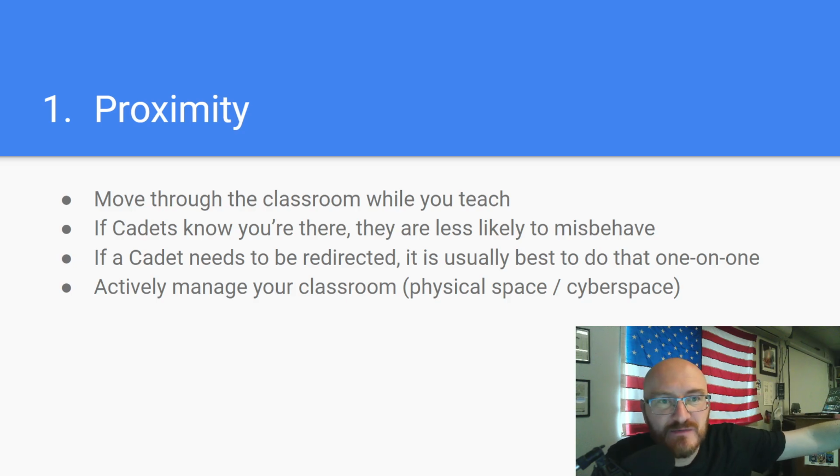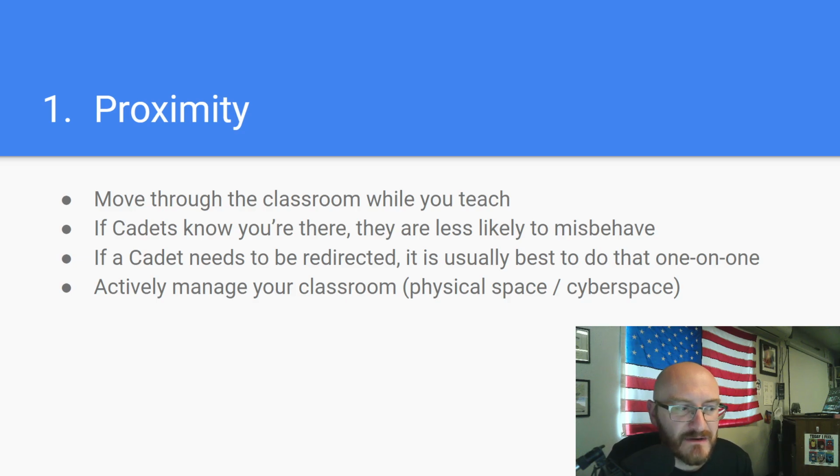He's not going to notice when I'm trying to play Roblox or whatever. If you're moving around the room consistently, then there's no place that's farthest away from you. So kids are less likely to try things if they know, oh, I'm going to have to keep closing this out every 30 seconds because he's going to be back around.